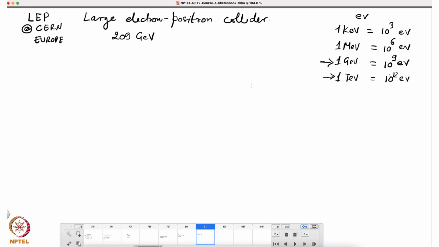Okay, this is for LEP, and in the beginning of this collider, they were colliding electrons and positrons, each of which had energy equal to 45 GeV. So, the total would be around 90 GeV. Okay. And the reason why we had this energy in this machine was because the Z bosons, which are also fundamental particles, have a mass of around 90 GeV.